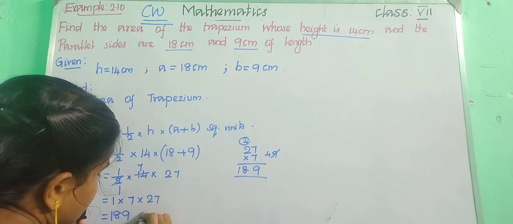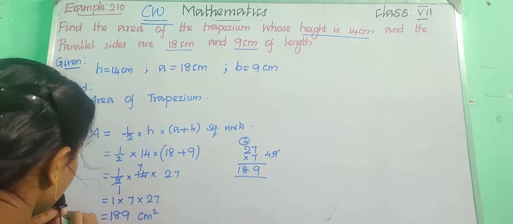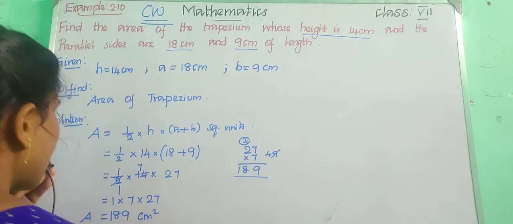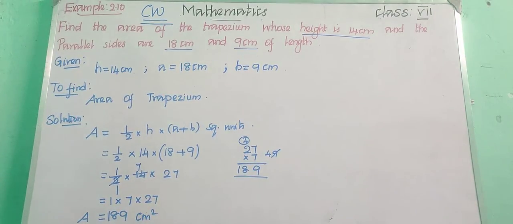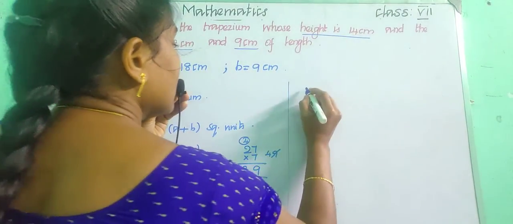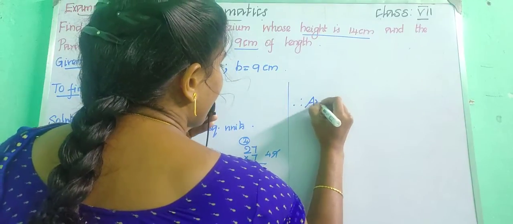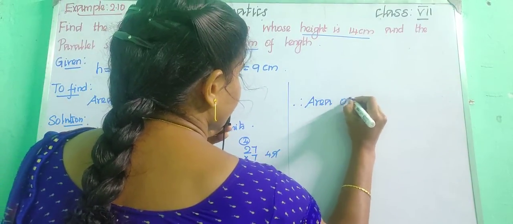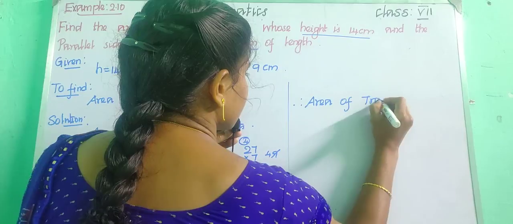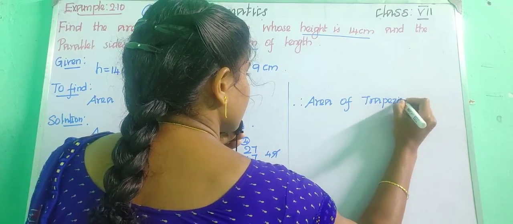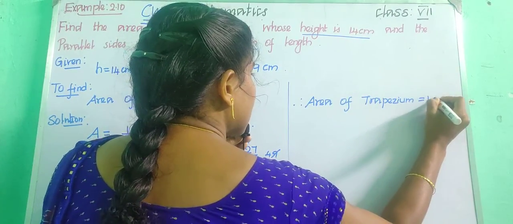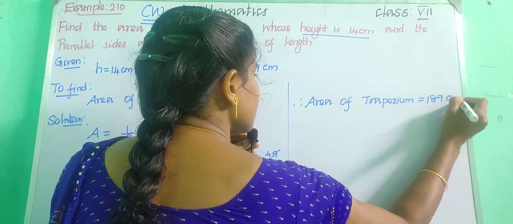So area of trapezium equal to 189 square centimeter, or centimeter square. Write properly. Therefore area of trapezium equal to 189 centimeter square.